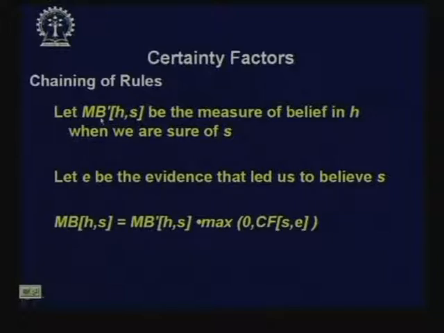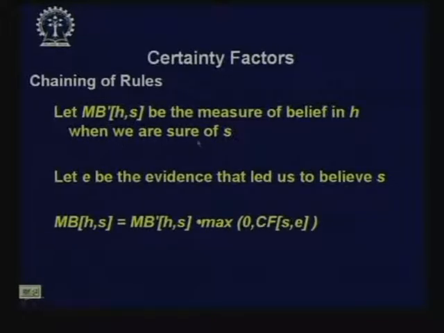Now, let MB prime(H, S), where S is a symptom, and note this prime, be the measure of belief in H if we are sure about S. But if we are unsure about S, because S has been inferred by another evidence E, so E led us to believe S, and that was not certain. So, there was some weakness over there.